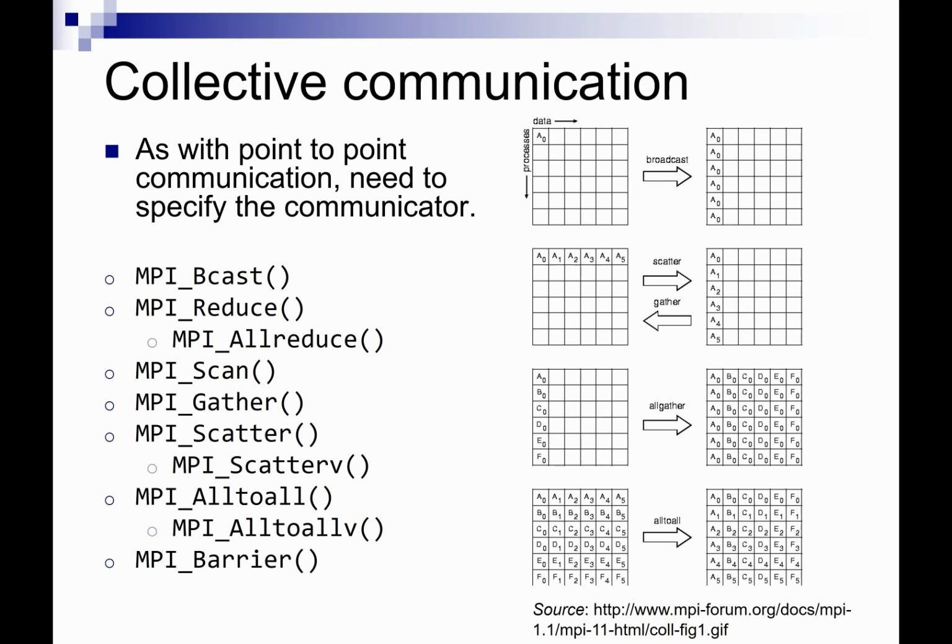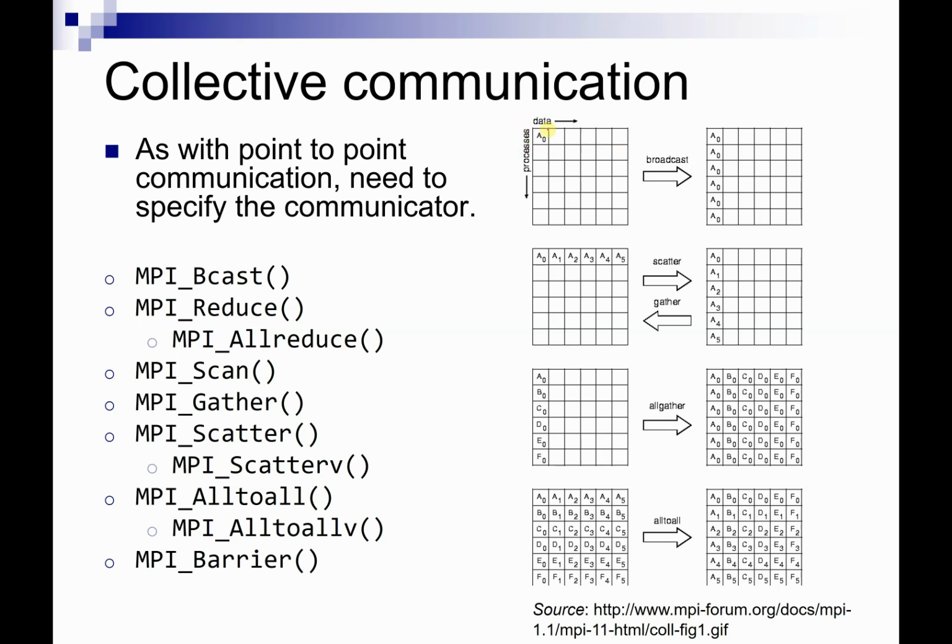In order to describe these different operations, it's good that we use this sort of visual representation. If we look on the right over here, I've drawn a grid, and suppose you have P processes. There are P rows in this grid, and there are also P columns.